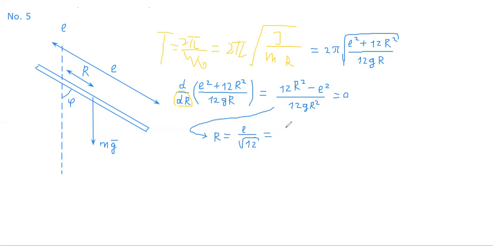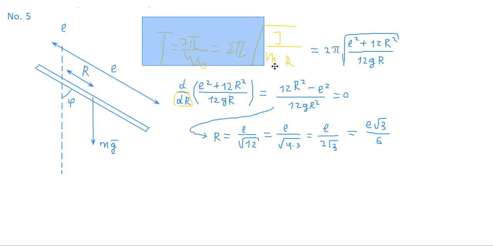This is square root of 4 multiplied by 3, and this is L. So this is the distance when the period is minimal.